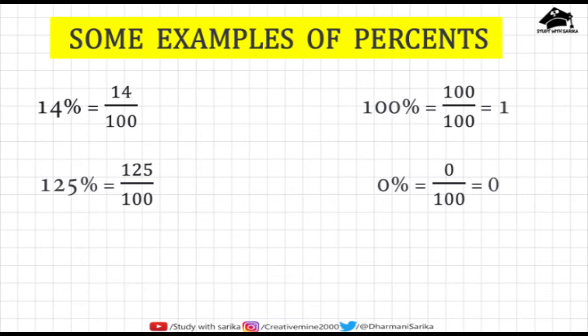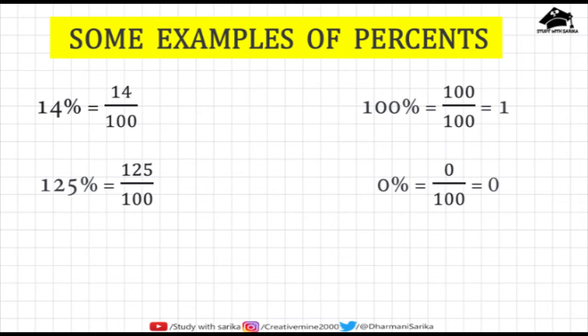The second thing is that percentages can be greater than 1 or less than 1. Take the example of 125%. Its fractional form is 125 divided by 100. When we divide 125 by 100, the answer comes to be 1.25 in its decimal expansion, which clearly shows that it is greater than 1.